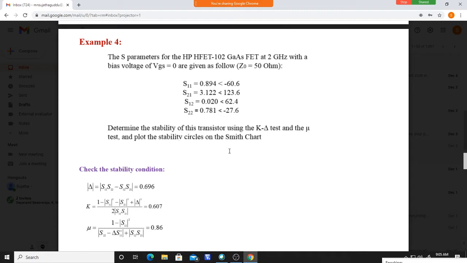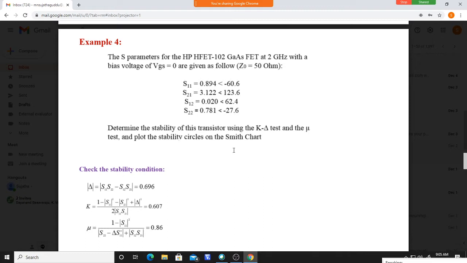From the stability circles, you should say you already know where the stability circles are for unconditional stability. As we saw in earlier classes, the stability circle either completely encloses the Smith chart or it lies completely outside the Smith chart.